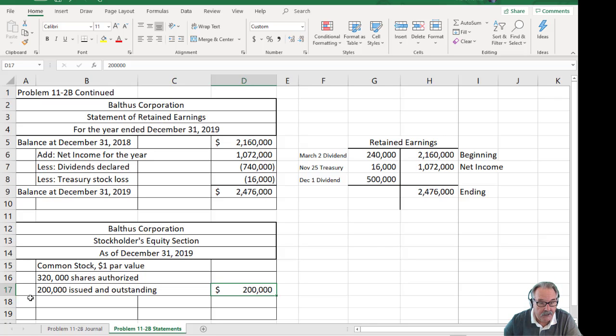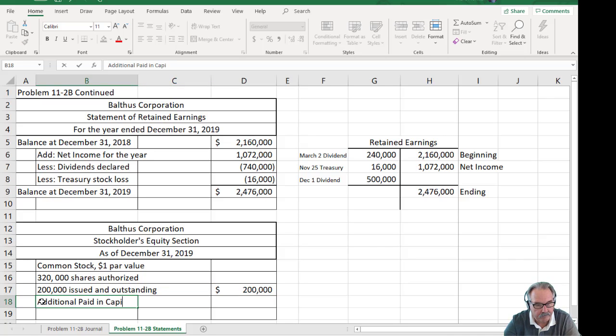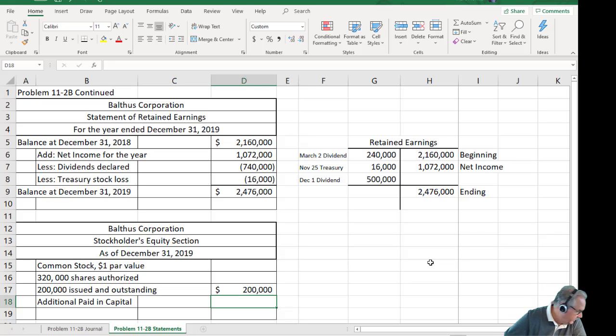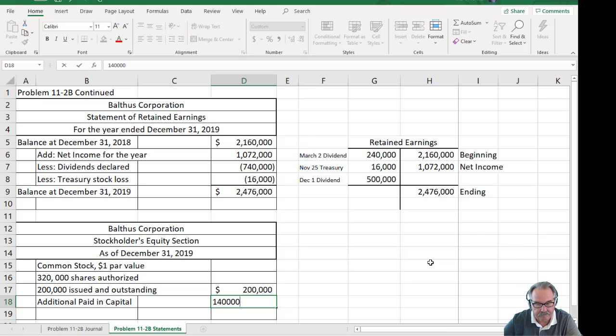We have additional paid-in capital. That didn't change. It's still $1,004,000. And retained earnings is coming from up above.